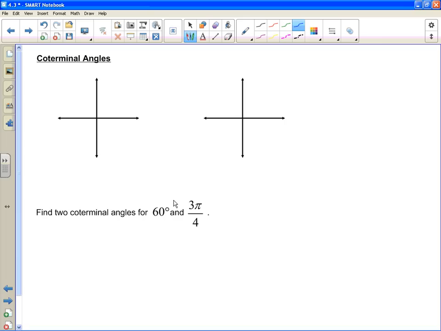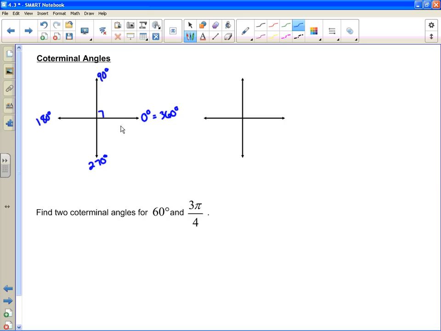Okay, coterminal angles. This is a term that basically means angles that have the same terminal side, but we say they have different measures. So let's think about this. If this is 0 degrees, this is 90 degrees because this is a right angle. This would be 180 degrees, a straight angle. Then 180 plus 90 is 270, and then 270 plus 90, because each of these intervals is 90, is 360.